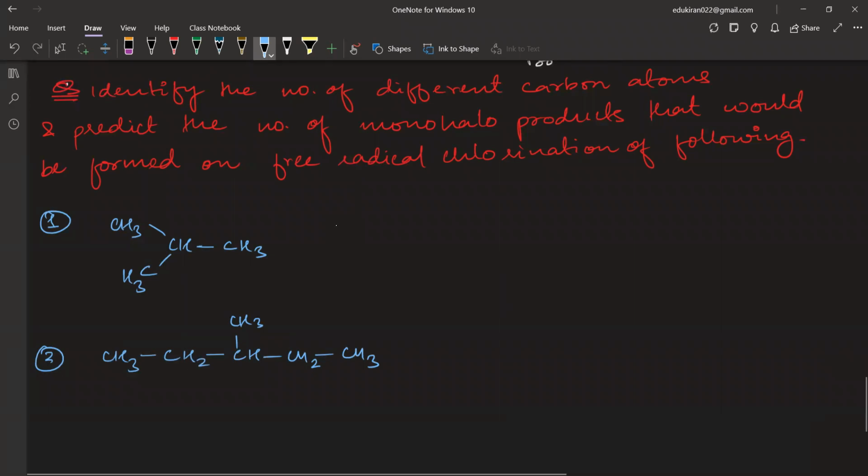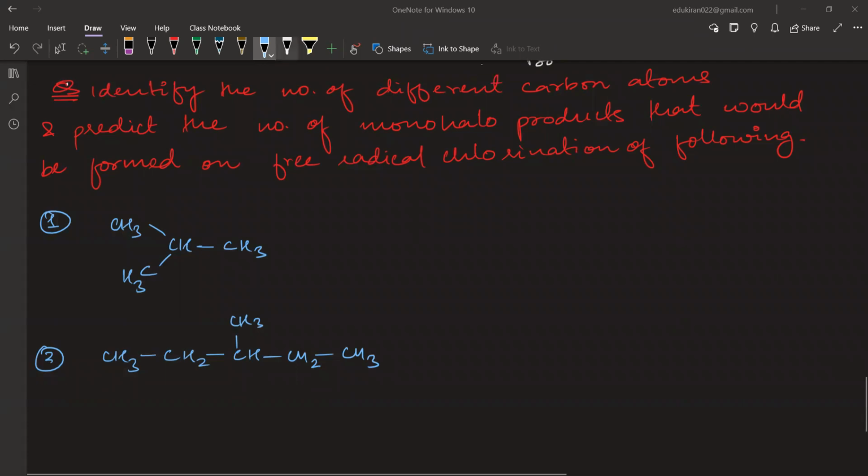For these two alkenes, you have to tell me the different carbon atoms, and you have to predict the number of monohaloalkanes or monohalo products that would be formed on free radical chlorination. Did everyone understand the question? Yes or no?